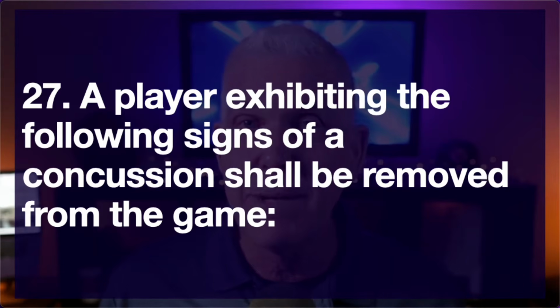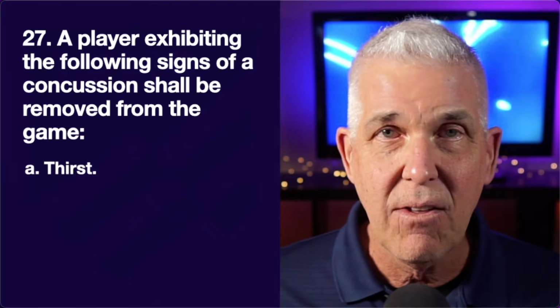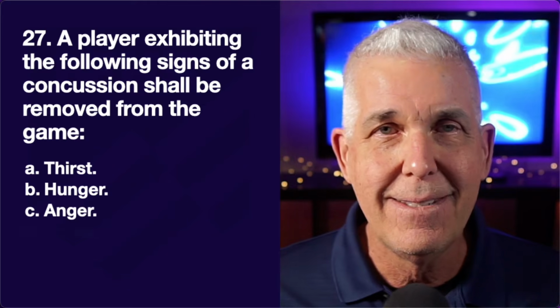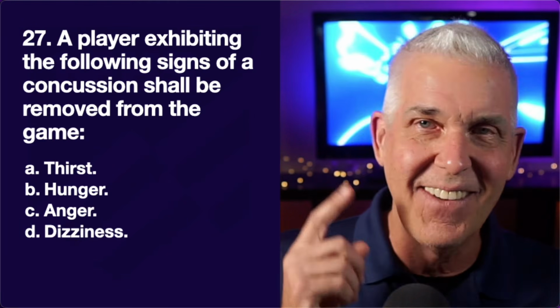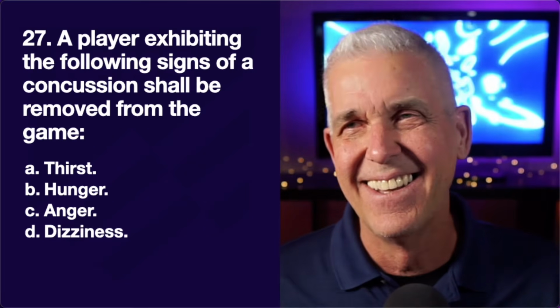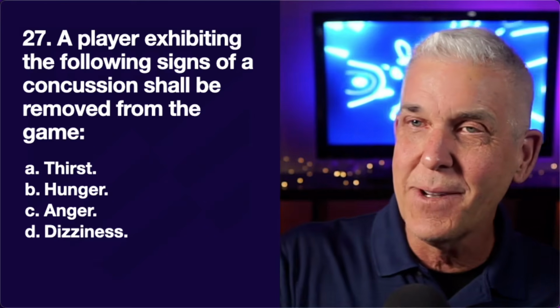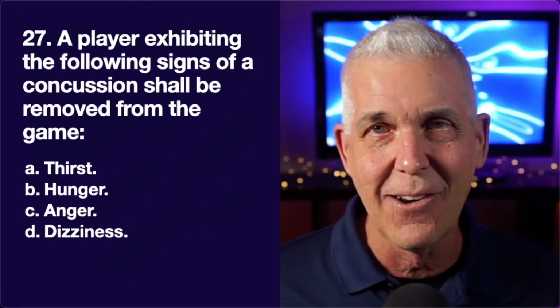27. A player exhibiting the following signs of concussion shall be removed from the game. A, thirst. B, hunger. C, anger. Or D, dizziness. I love this question. Or, well, I guess we could have E, hangry, combining hunger and anger.